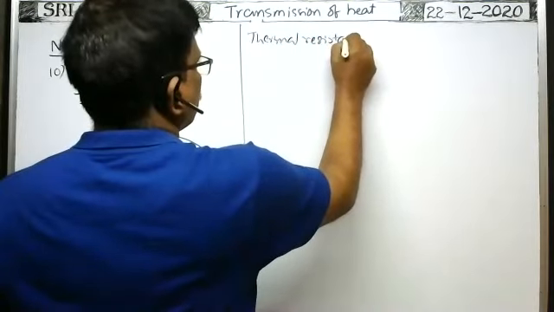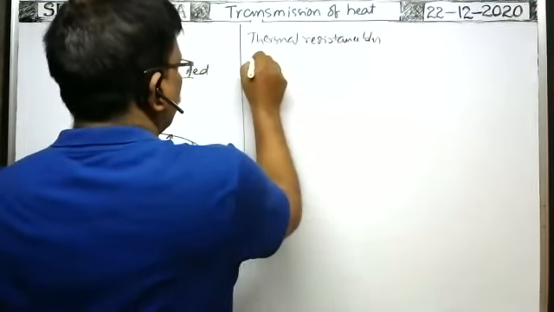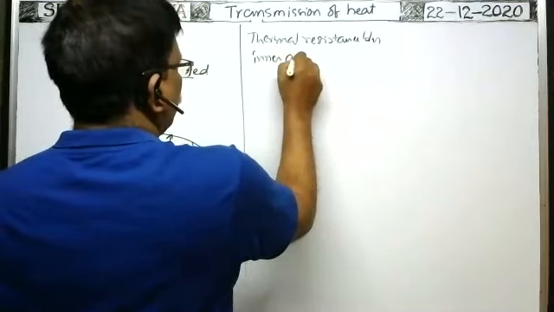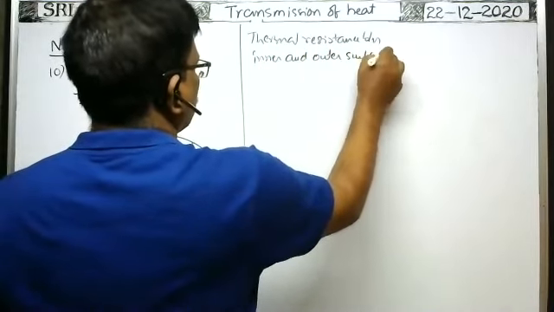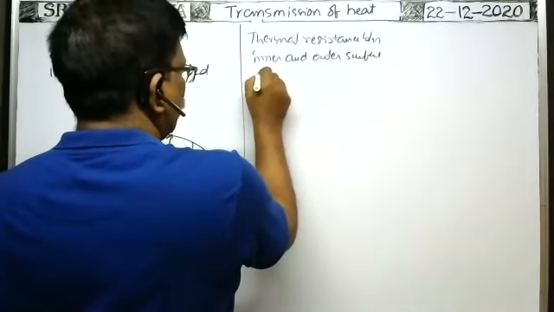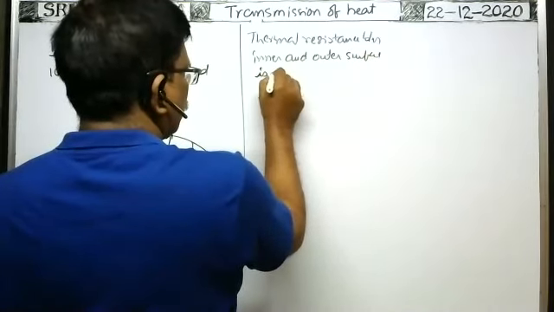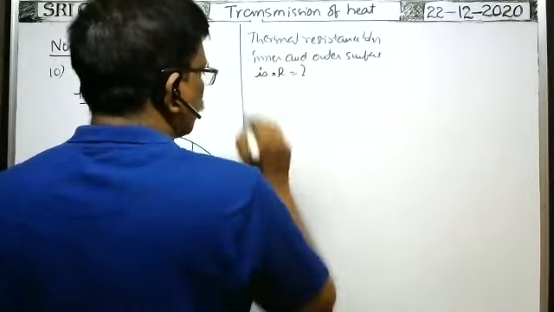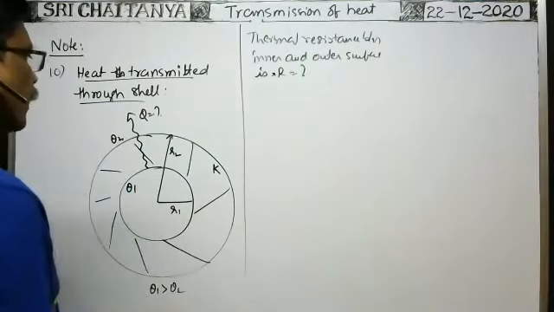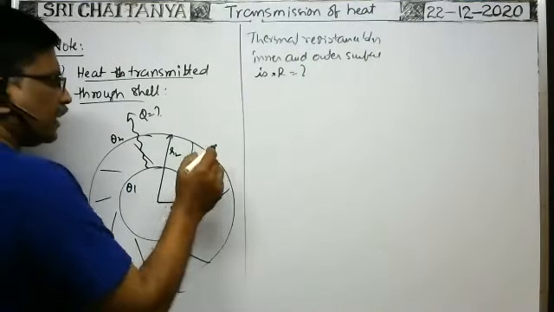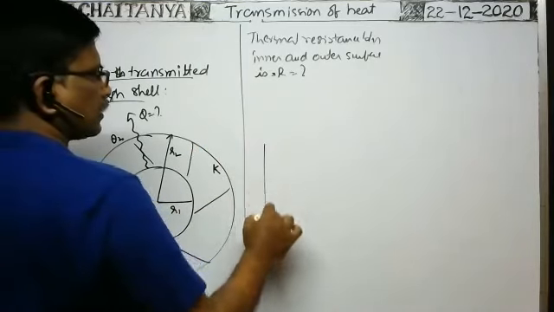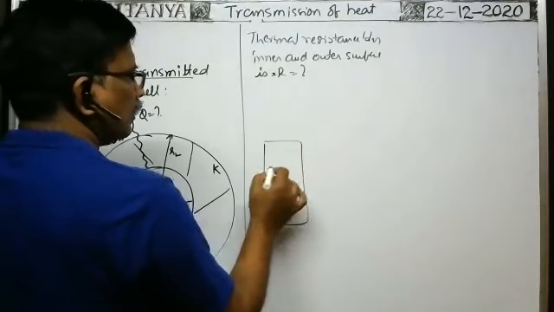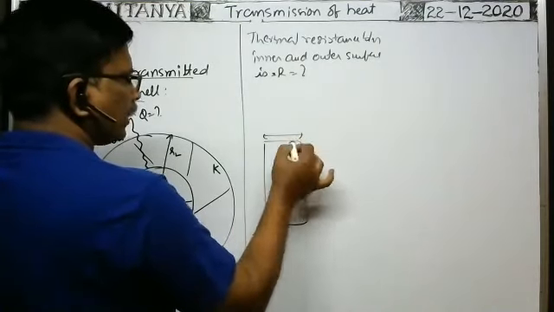The thermal resistance between the inner and outer surface is, say, R. That is equal to how much? We have to find this. Suppose there is a slab; between its two faces, what is the effective thermal resistance?